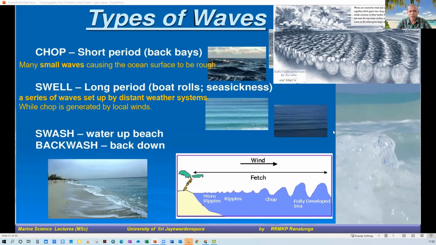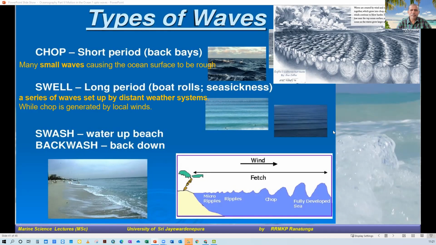Right? Chop waves are actually short period waves. Small waves, but they are very short. This is very obvious. If you're going on a boat, you will notice this choppy nature. The boat will go up and down very quickly, but there are no high waves.